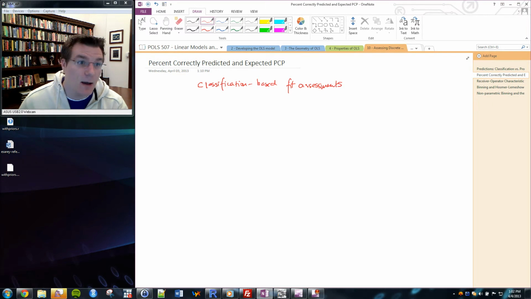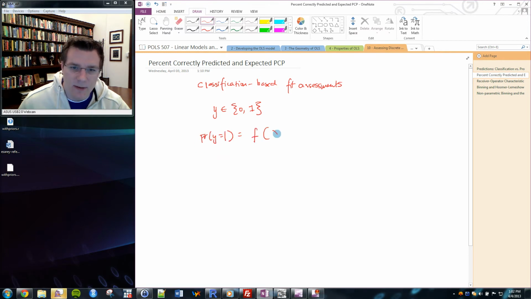We're going to assume a dichotomous dependent variable, according to the predicted probability of the prediction model. So, for example, I might have a model that says that the probability that y equals 1 is some function of x beta, where f is the logit or something. This is a GLM model.